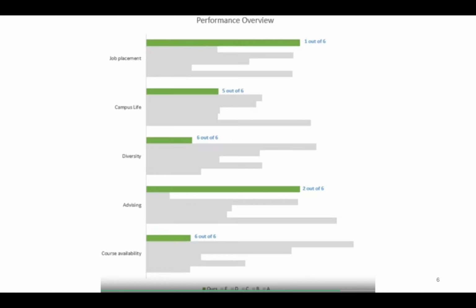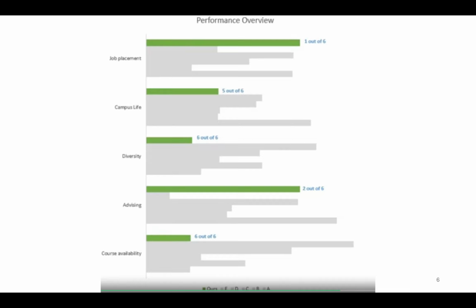Second, it has been placed at the top of each category, and other colleges have been placed below our college. And to make things easy to read, we have also added an annotation for each of the bars for our college, such that the viewers or audience have an easier time understanding what the information is trying to present.